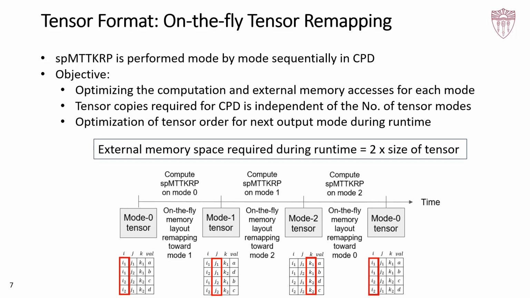If we do that, the external memory space that we require is 2 times the size of the tensor, instead of having a number of tensor copies proportional to the number of modes. So we can have a constant factor of copies and perform tensor decomposition for a large-mode tensor.